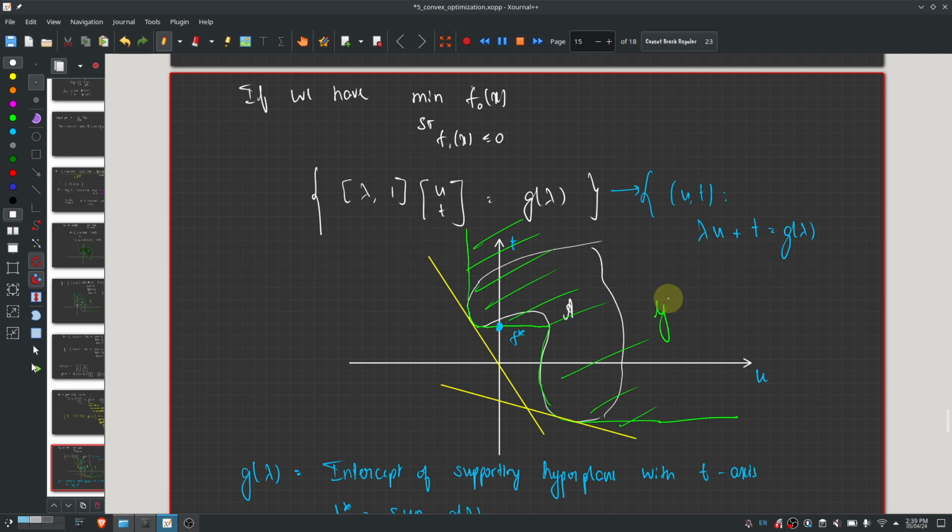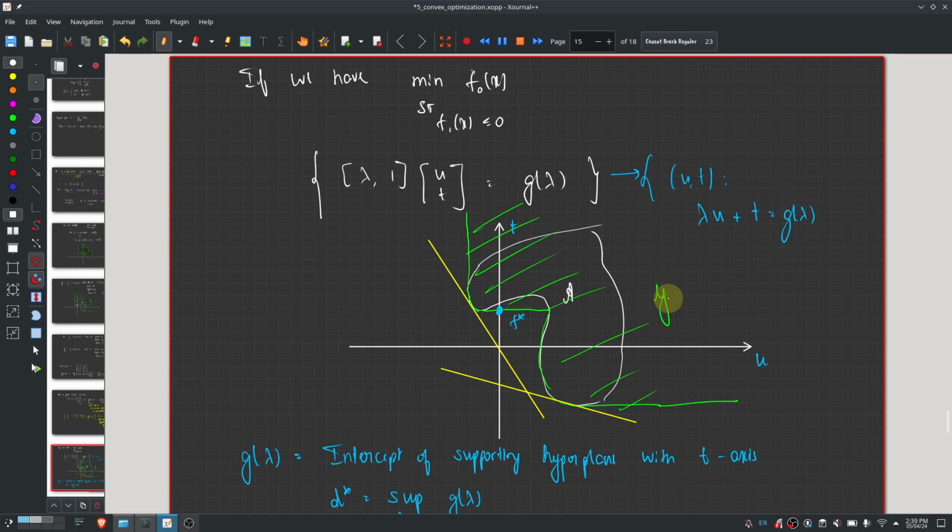And the maximizer, that is, in this case g of lambda, essentially corresponded to the intercept along the t-axis. So the solution to the dual optimization problem corresponds to the highest t-intercept that you can have among all possible supporting hyperplanes.